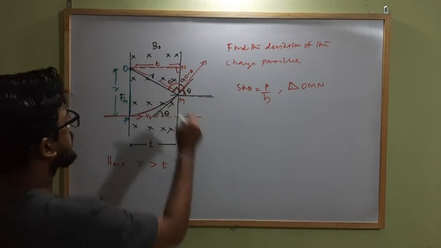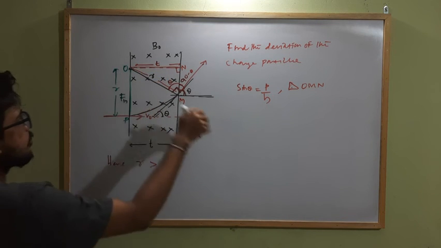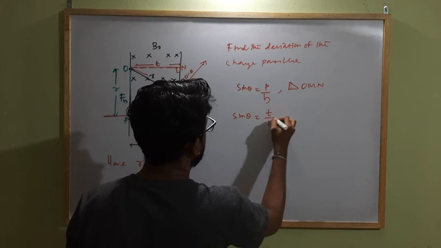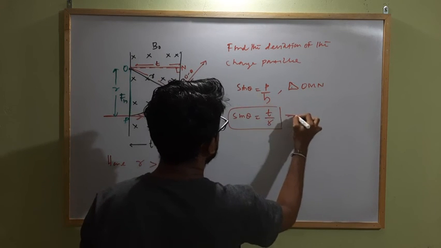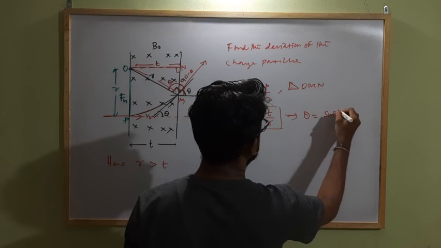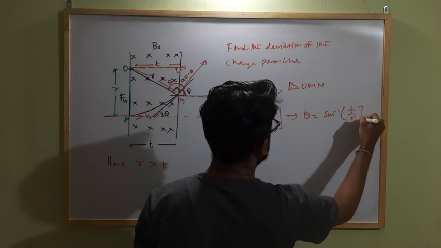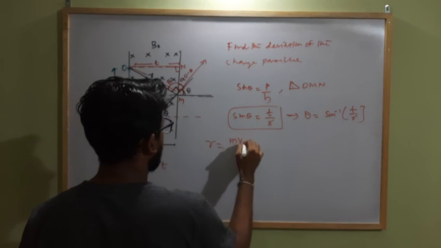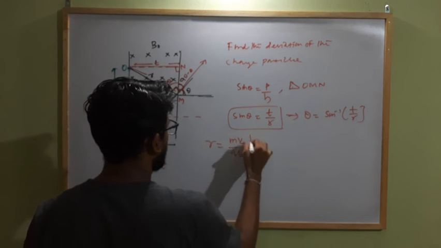Sin theta will be P by H. P equal to t, H equal to r. So sin theta equal to t by r. From this we can get the angle of deviation, theta equal to sin inverse t by r. t is given and r can be calculated as m v naught by q B naught.